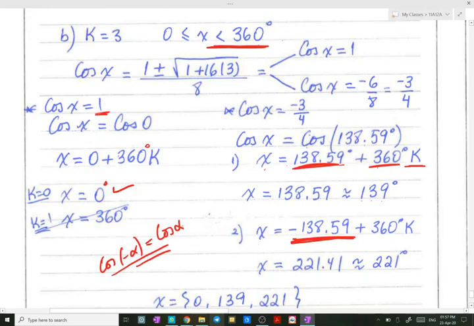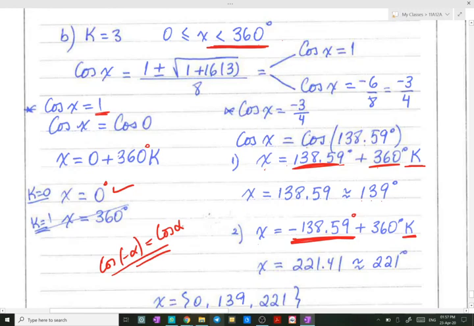So x is equal to minus 138.59 degrees plus 360 degrees k. We try the terms. When k is 0, we're going to get a negative angle; so when k is 0, it's rejected.